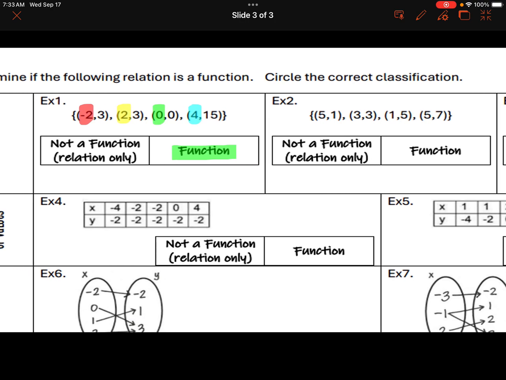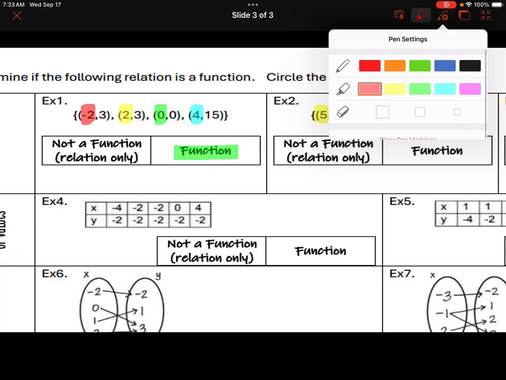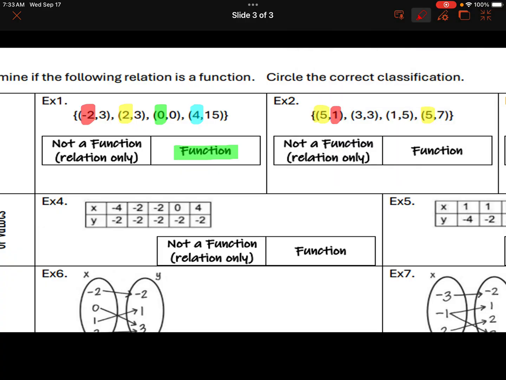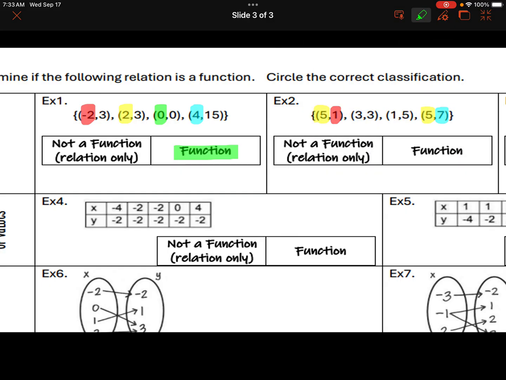If I go to example 2, I notice that 5 repeats. And I see that 5 has been paired with 1 here, but 5 has been paired with a different number, 7. So right there, this relation no longer meets the criteria to make it a function.